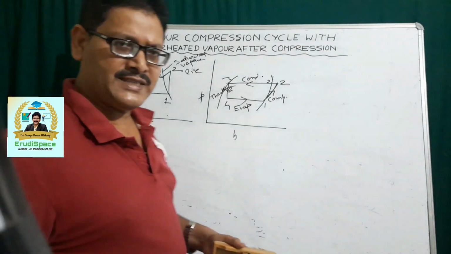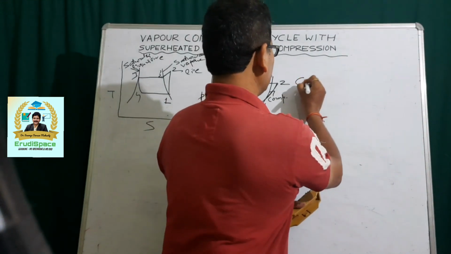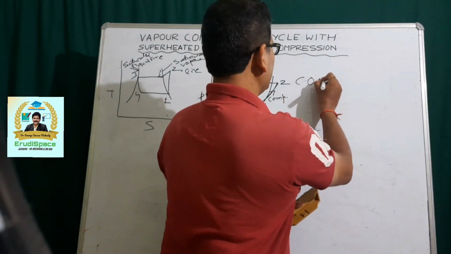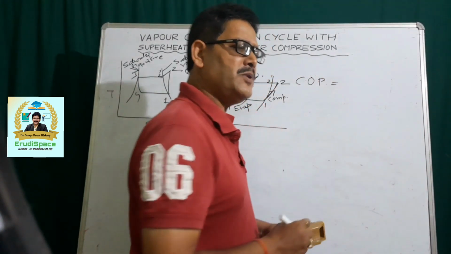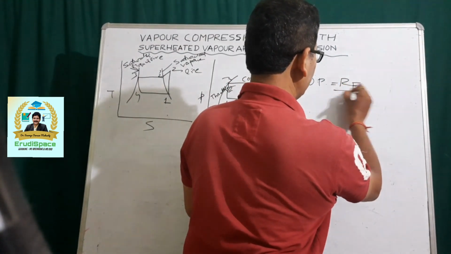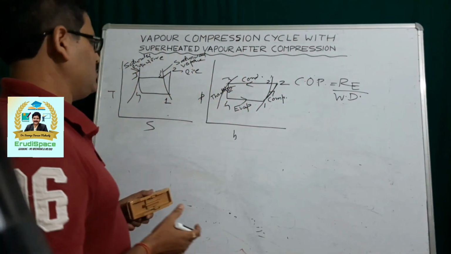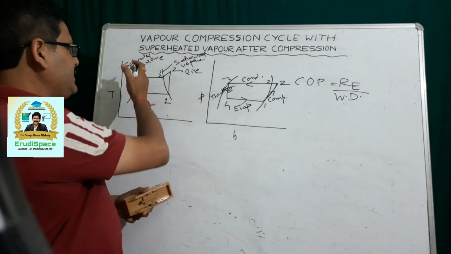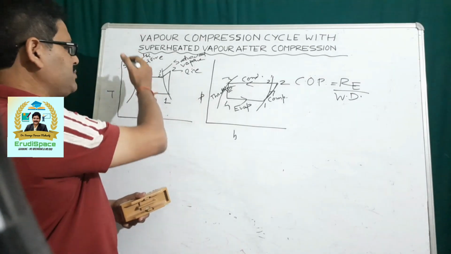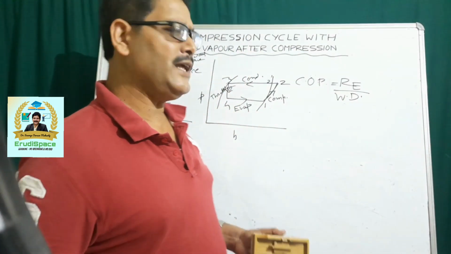Now, the coefficient of performance, or the COP, is the ratio between the refrigerating effect and the work done. As I have already told you, process 3-4 is an unrestrained expansion process, so no work output is obtained in throttling.